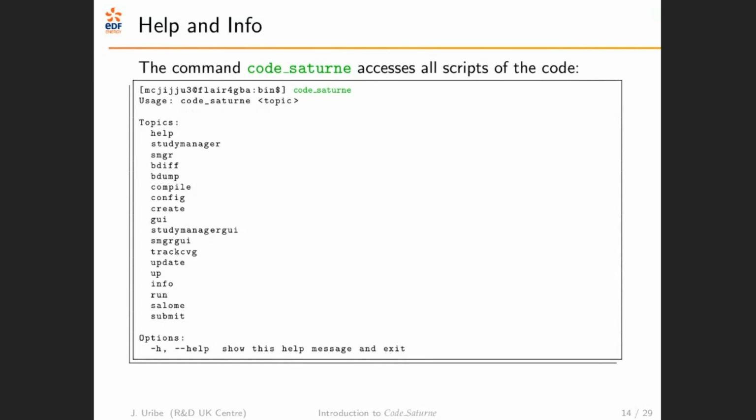There's a command called code_saturne that, once you install the software, you will have access to, and that's the one that pretty much allows you to do anything related to Code Saturne. It can start the graphical interface, it can run the code, it can do the compilation, it can create your environment, your files.